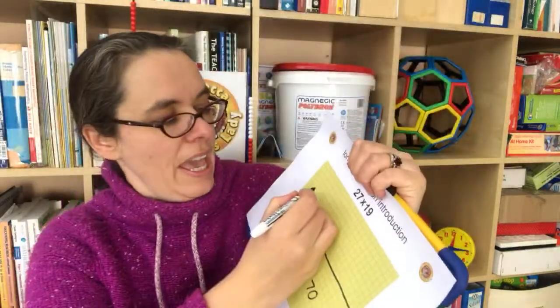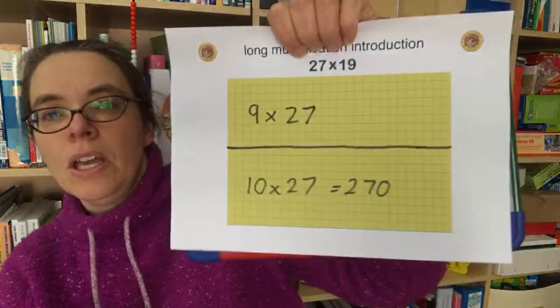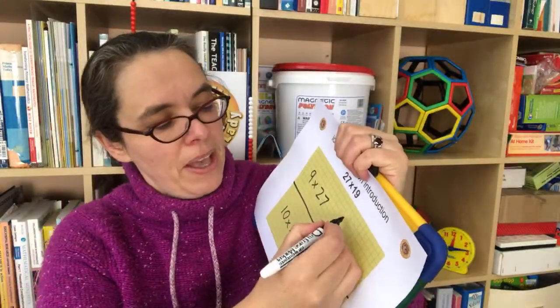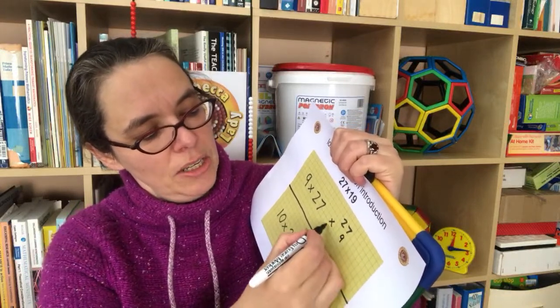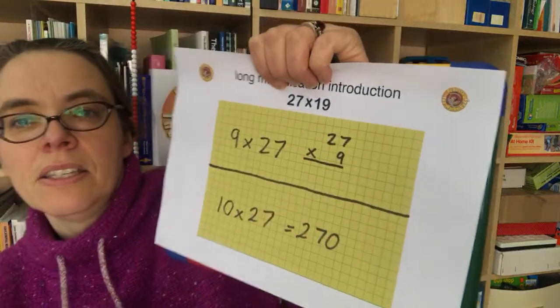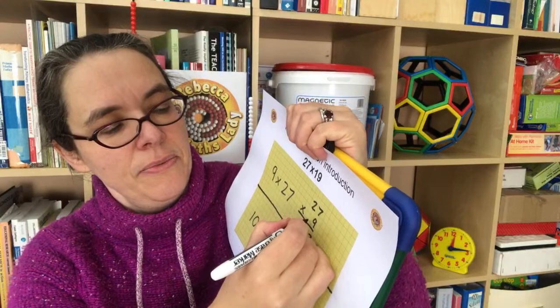And then what we've got left is 9 lots of 27. And we can work that out by setting it up as a standard column multiplication, like that. 9 sevens are 63, so that's 3 down, 6 to carry.